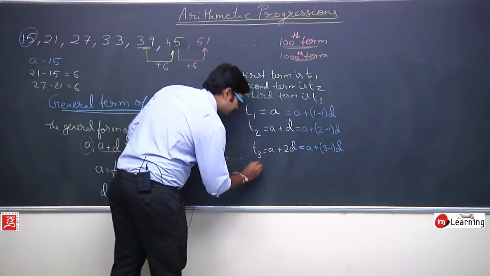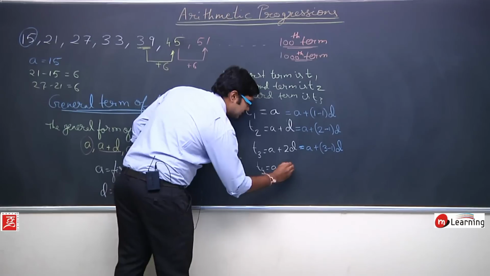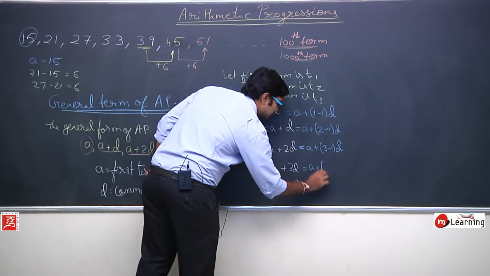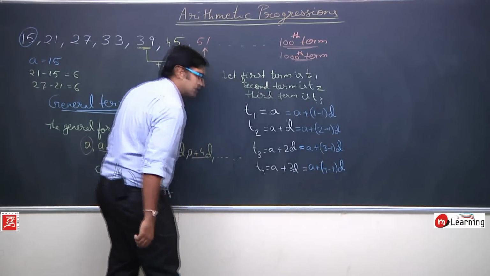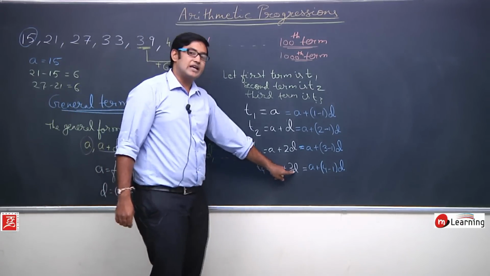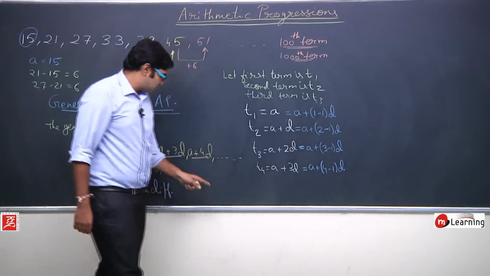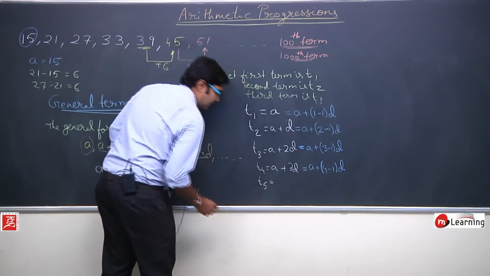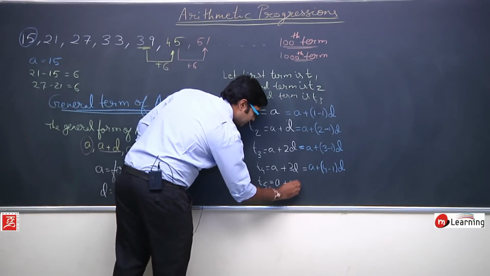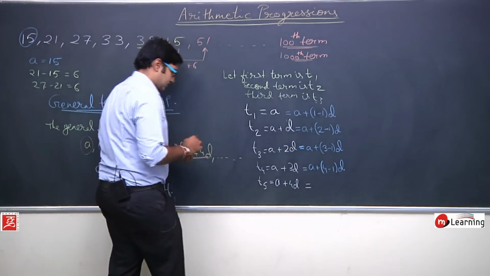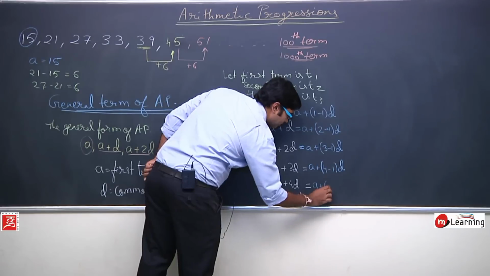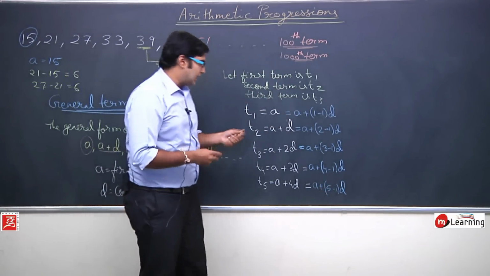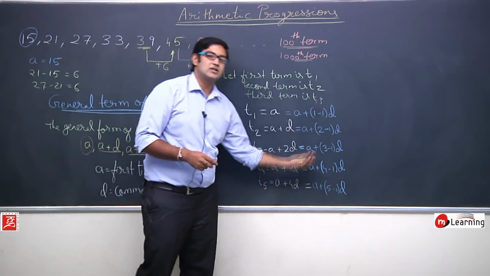Then T4 is a plus 3d, which I can write as a plus (4 minus 1) d. Then the fifth term is a plus 4d, and I can write this as a plus (5 minus 1) d.